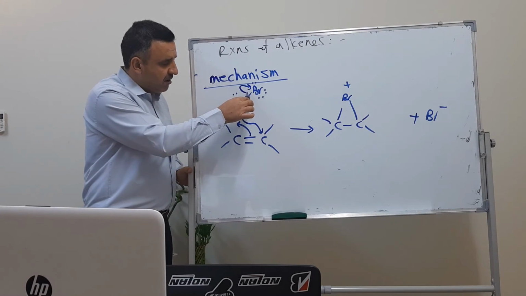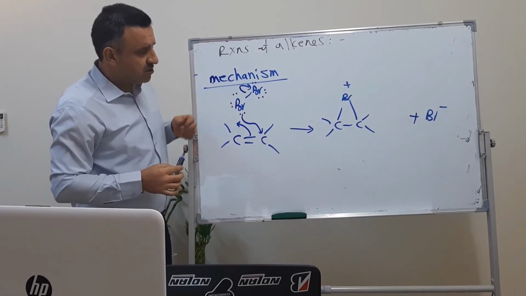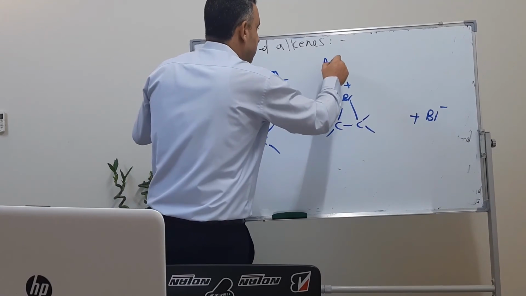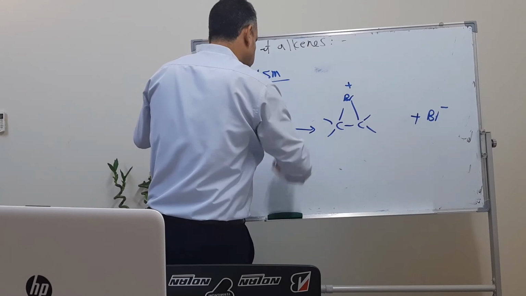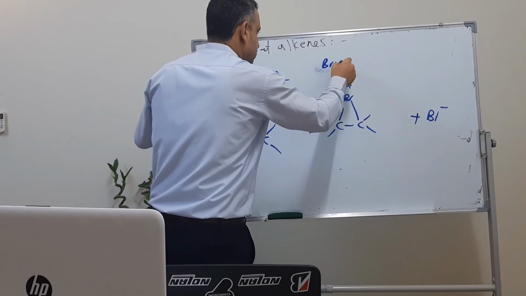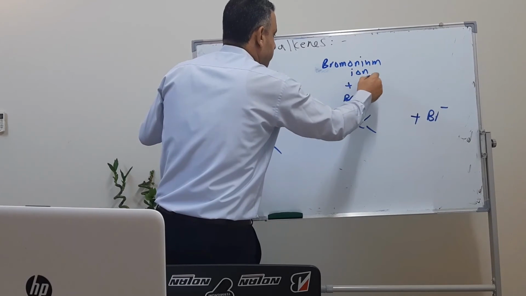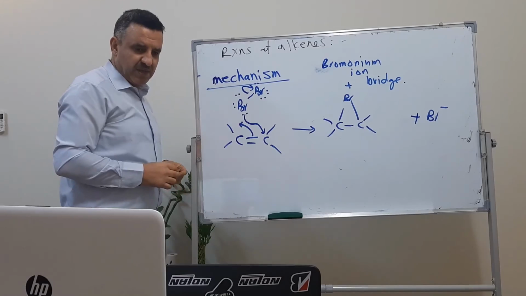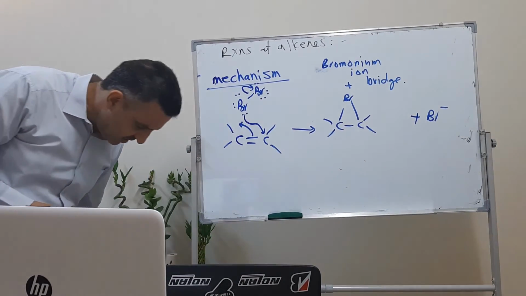Then the bonding electrons are given to the bromine, and we get what we call a bromonium ion bridge. It's like a bridge in this case. So this is the first step in the mechanism of the reaction.